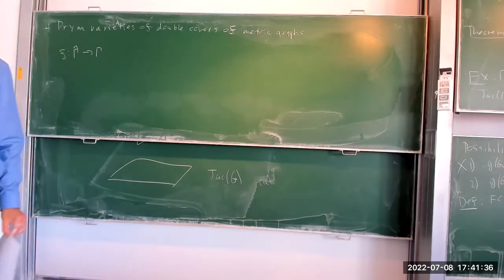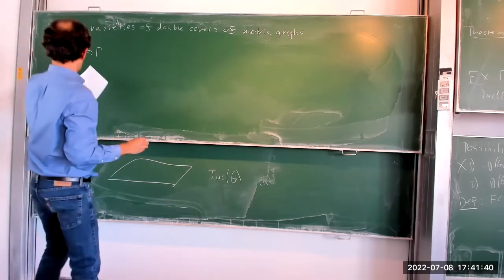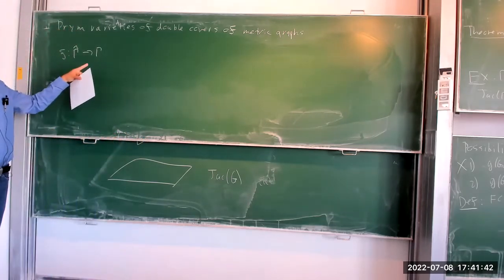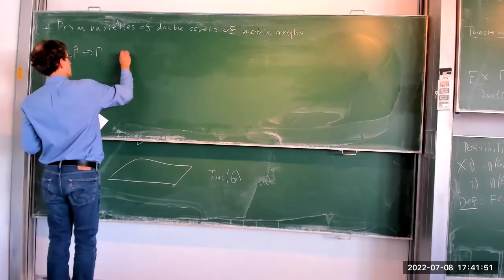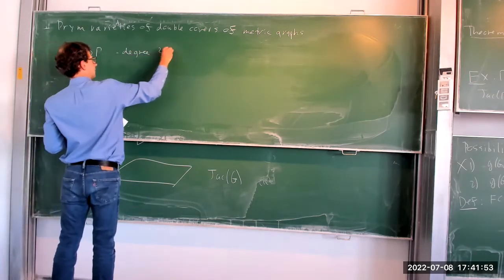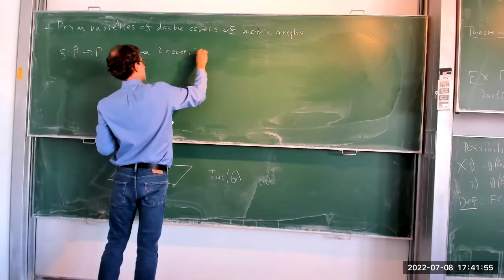There are two ways you can define this thing. The simpler way, which I want to use now, is to think of this as a topological degree 2 cover and an isometry. So each edge mapping to an edge here has the same length. So this is a degree 2 cover and an isometry.